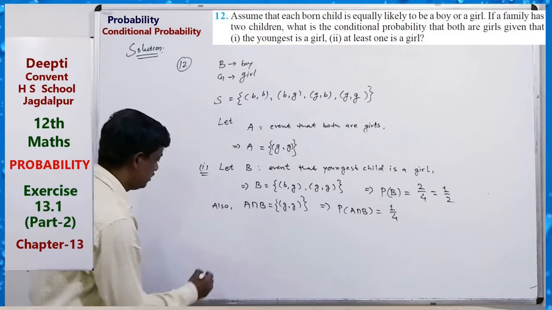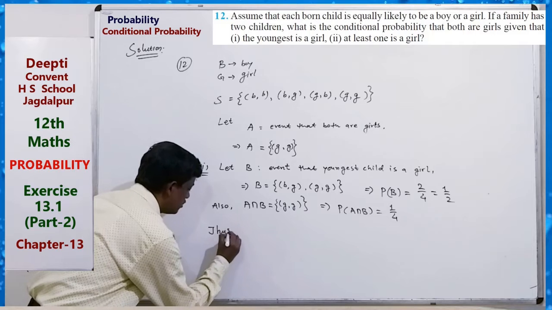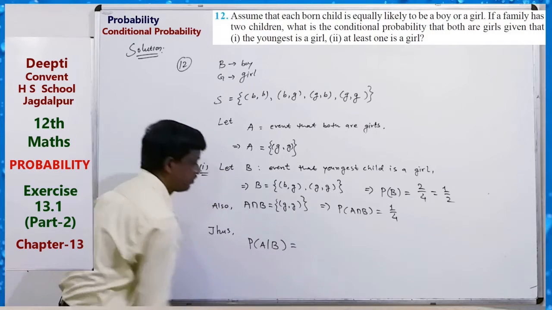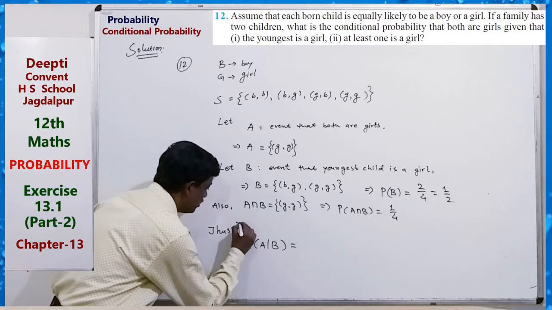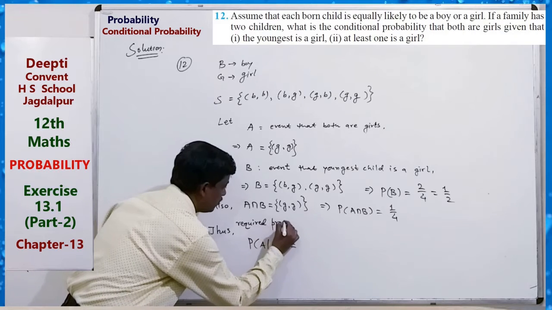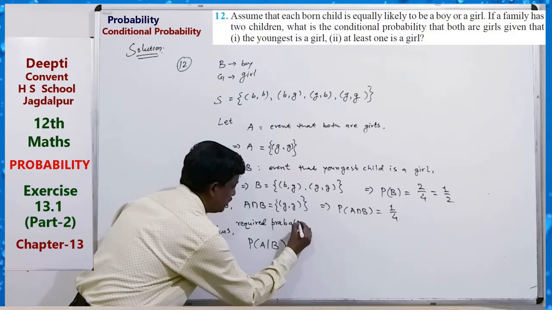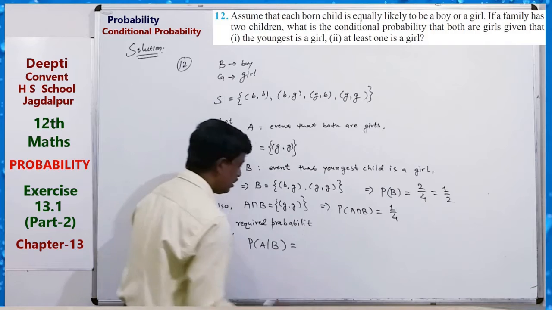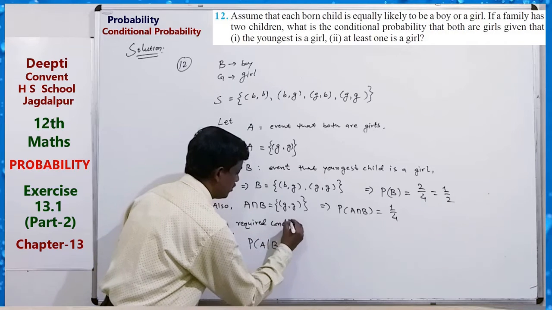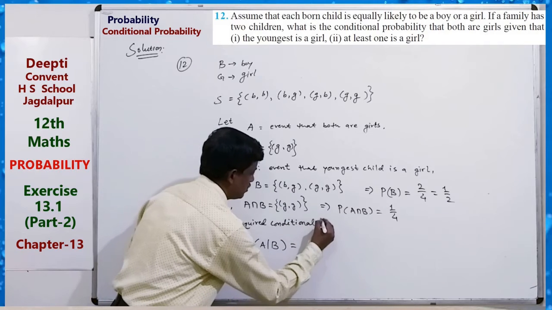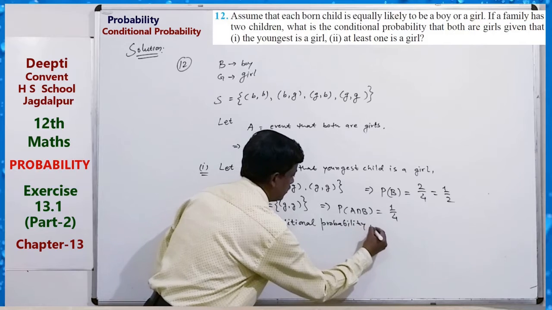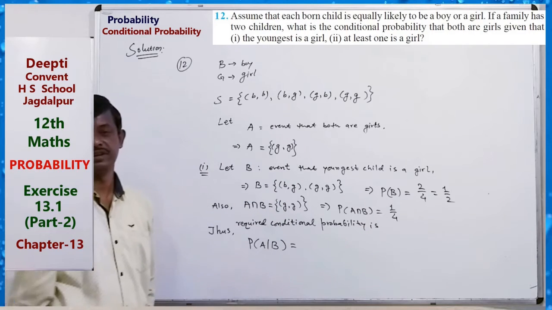That is P(A). Thus, you just have to write the required conditional probability, P(A by B).